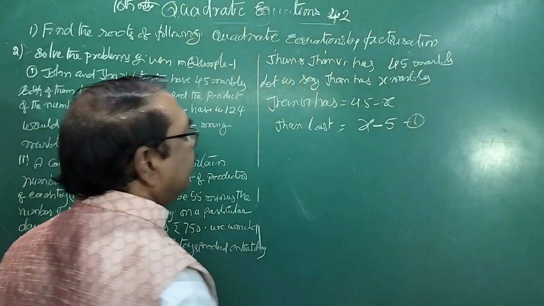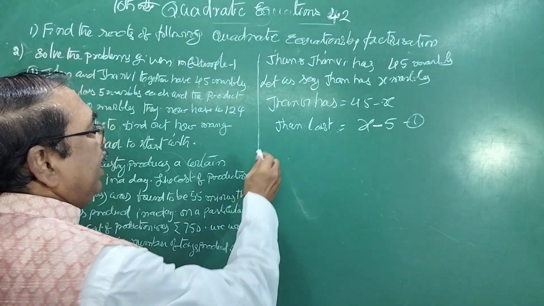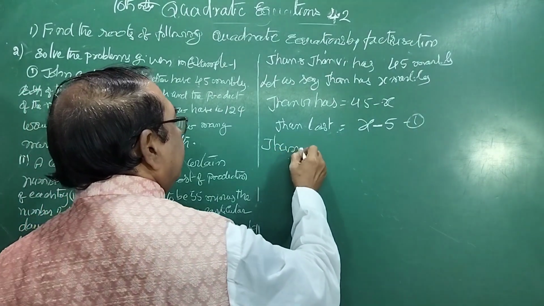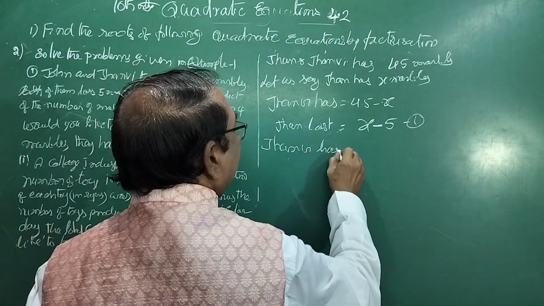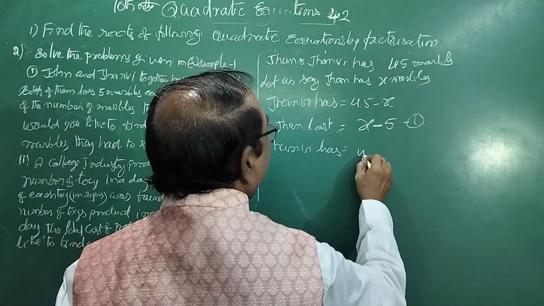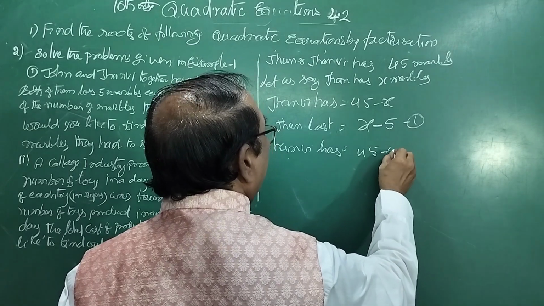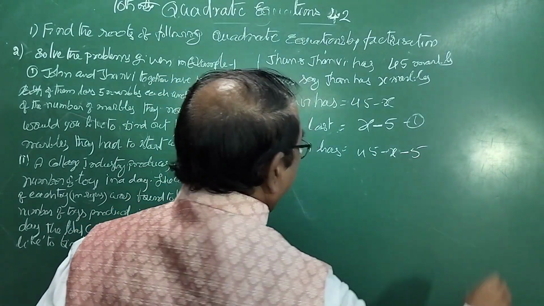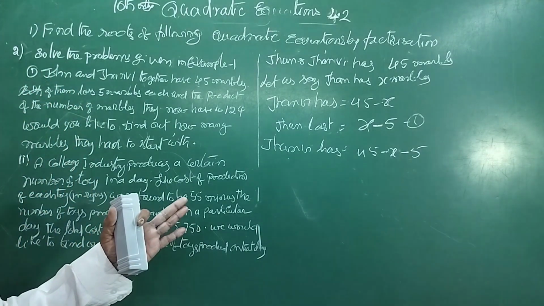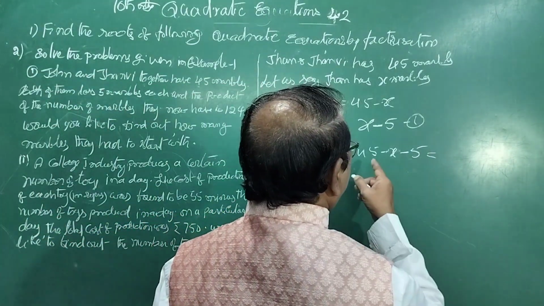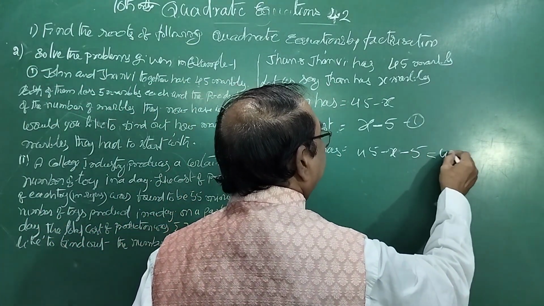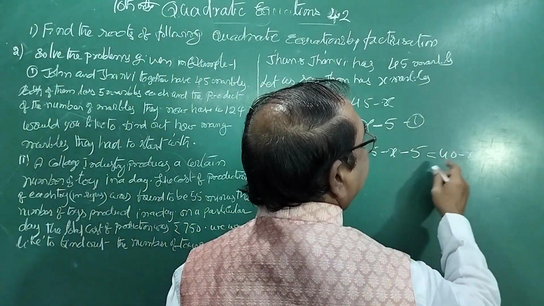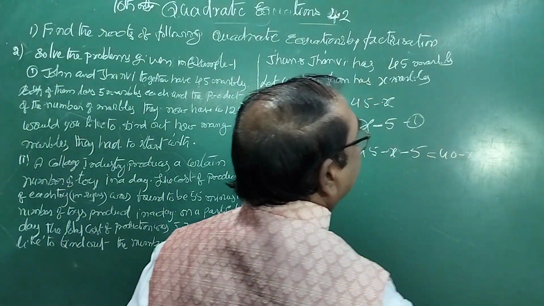It is the first expression. Janvi has how many? 45 minus x. Of them, she lost 5 marbles. That means let us simplify. 45 minus x minus 5 is 40 minus x. It is the second expression.